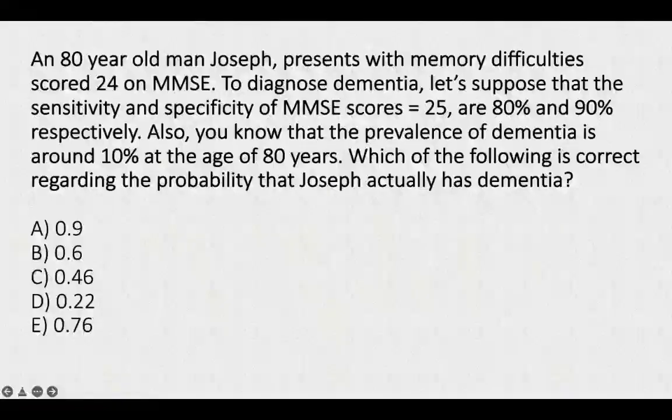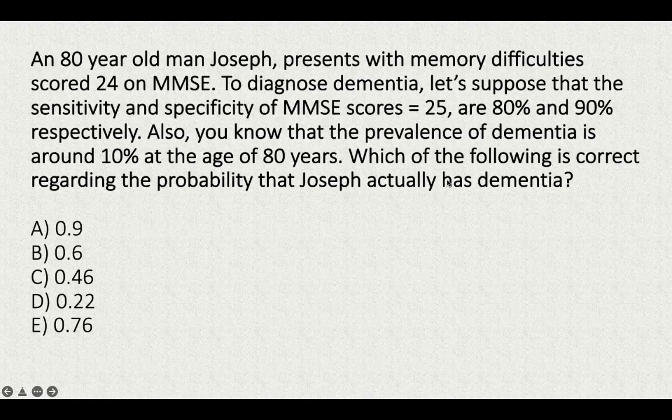Now, coming back to our question, how to solve this? See, what are they trying to ask? They are asking which of the following is correct regarding the probability that Joseph actually has dementia. That means we have 80% sensitivity and 90% specificity of MMSE before applying the test.